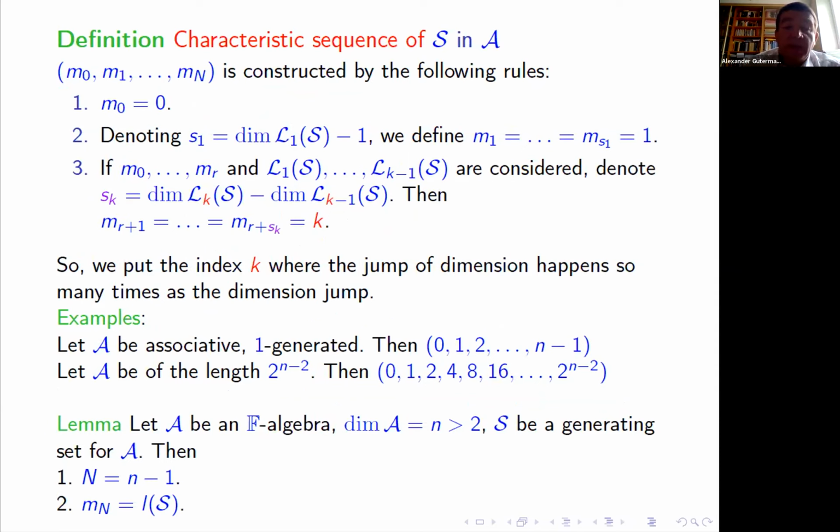So we put the index k where the first jump of dimension happens as many times as the value of the jump in this characteristic sequence, and we start from 0. We define this sequence inductively, and it turns out that the last member of this characteristic sequence is equal to the length.